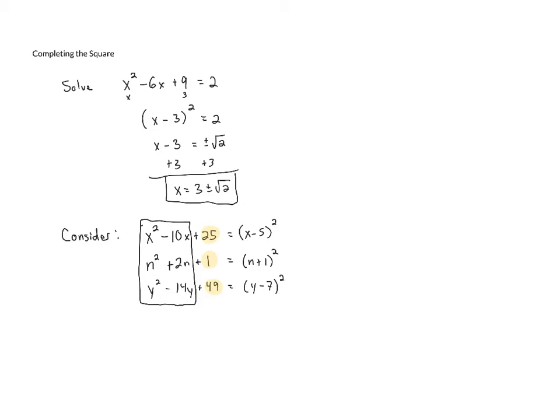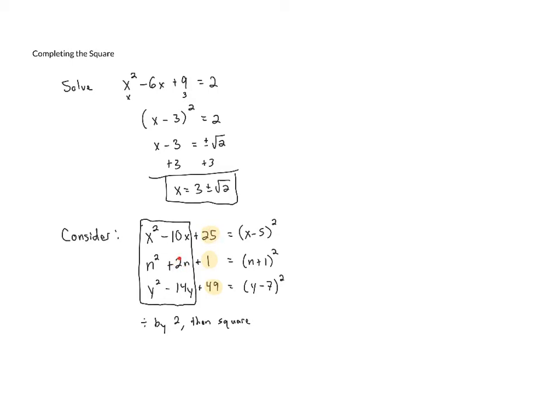Well, we can take this number, divide it by 2, and then square it. So we divide by 2, then square. Let's make sure that this works. Negative 10 divided by 2 is negative 5, and when we square negative 5, we get positive 25, so that's good.